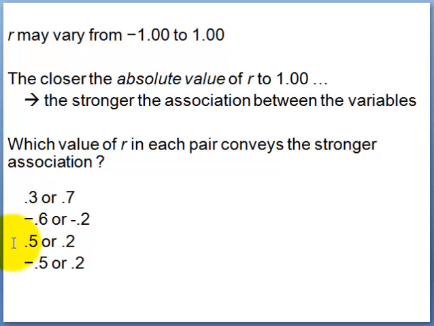For this third pair, 0.5 conveys stronger correlation, which is to say stronger relationship between two numeric variables, than does 0.2. And in this final example, the absolute value of -0.5 is 0.5, so therefore -0.5 conveys stronger relationship than does 0.2.